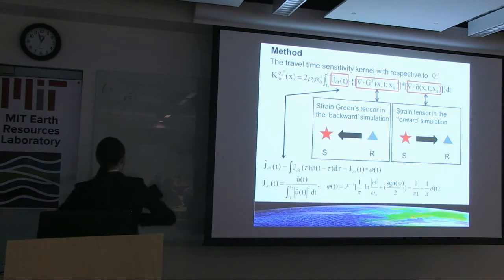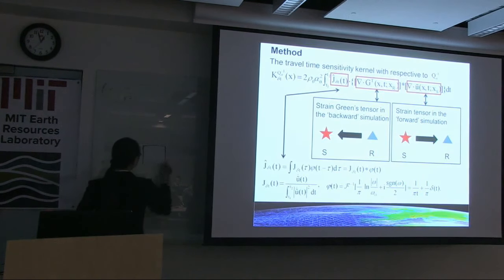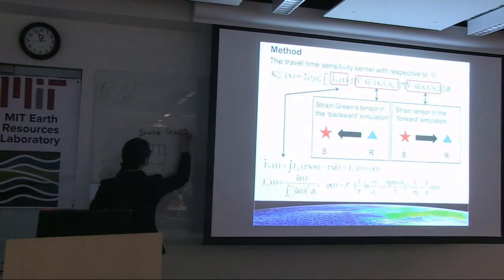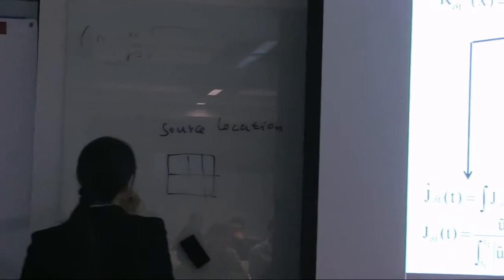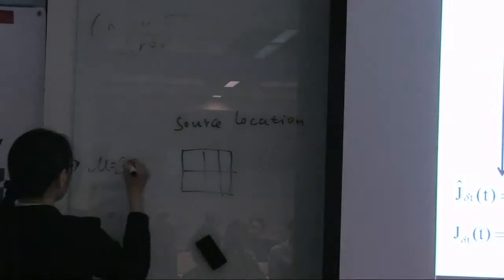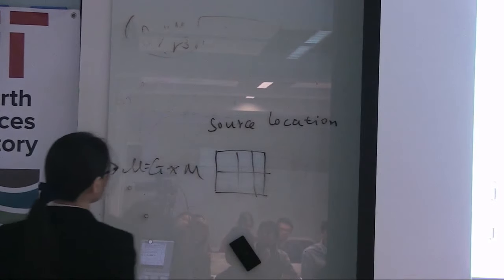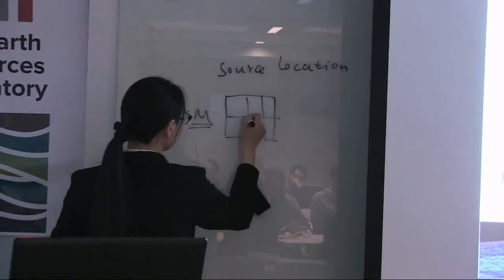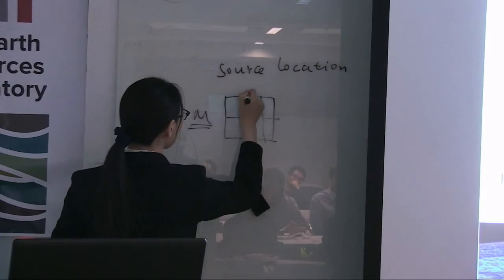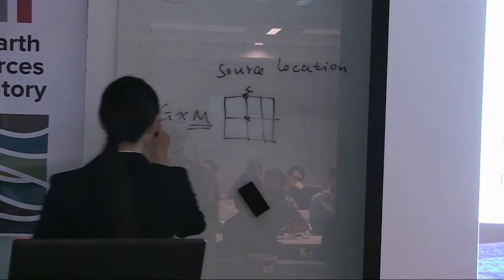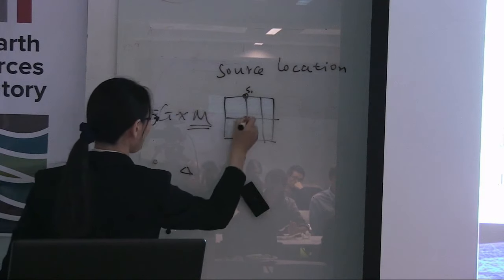So when you do the source location inversion, and you save the strain Green tensor, the displacement will be the strain Green tensor convolved with the moment tensor. So if you estimate a moment tensor for each possible source, you could directly get the seismogram from the source.